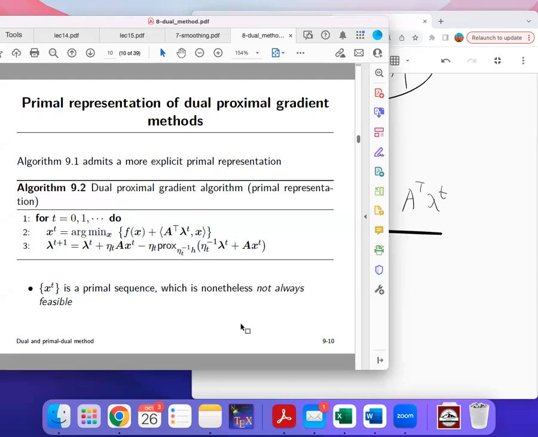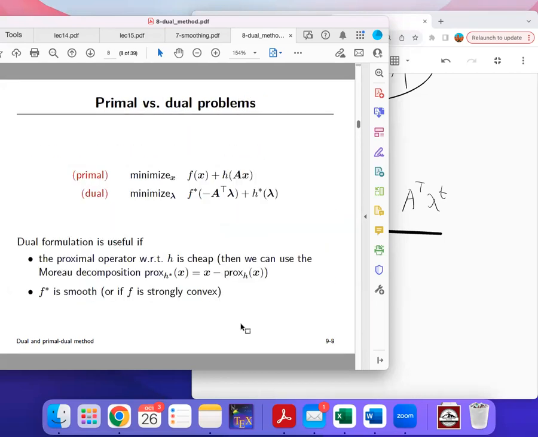So this is the dual proximal gradient method. We start from this optimization problem, but it can be very difficult in the primal form. So we transform it into the dual form.